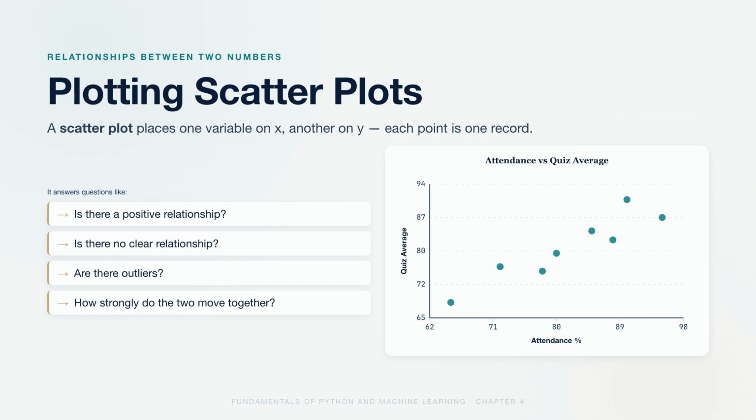For example, we might ask, do students with higher attendance also tend to have higher quiz average? Is there a positive relationship? Is there no clear relationship? Are there outliers? Scatter plots are one of the best ways to visualize and inspect relationships between numerical features.